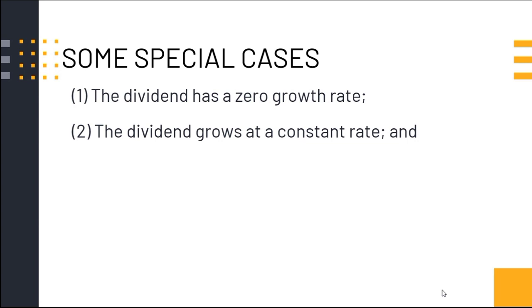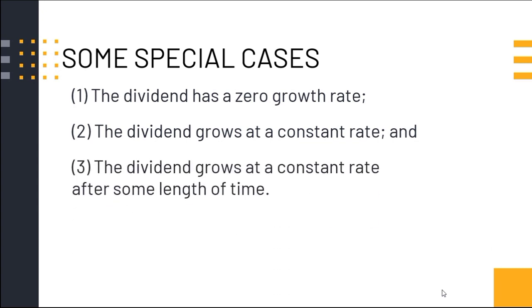As we all know, most businesses are growing and producing more money, allowing them to increase their dividend per share on a regular basis. The third is the dividend grows at a constant rate after some length of time, which we call a non-constant growth dividend. So dividends will grow but not at a constant rate. So to understand better, I'll go over each case one by one.